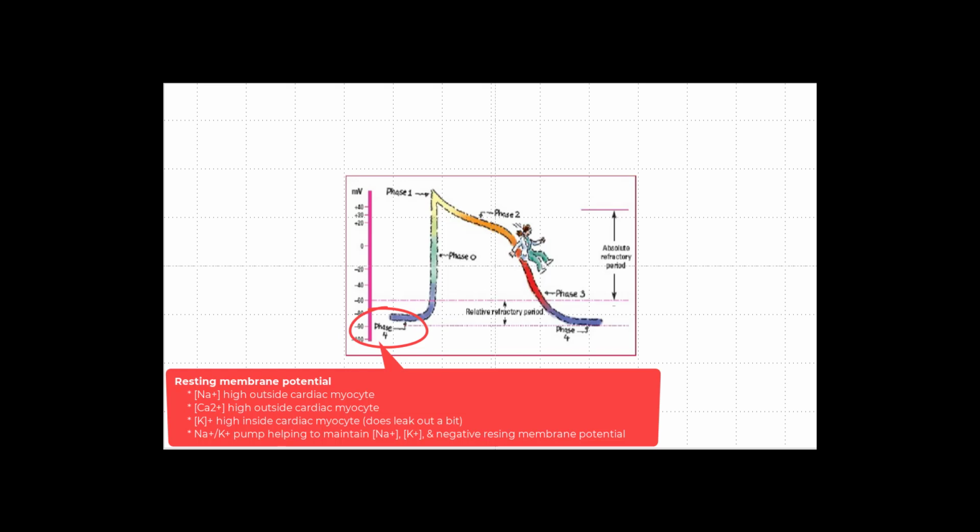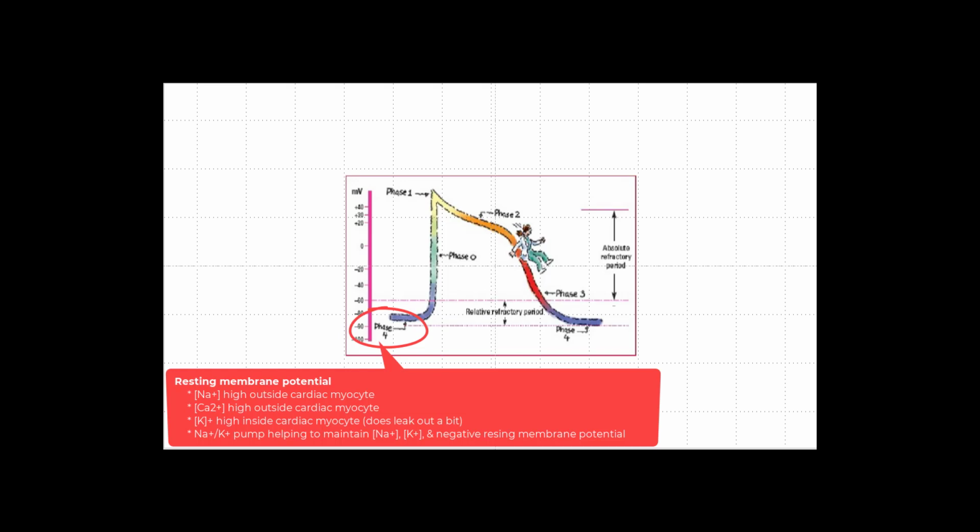Concentration of calcium is also high on the outside of the cell, and the concentration of potassium is high on the inside of the cell. You may also hear that there's a little bit of potassium leaking out of the cell during phase 4 through what we would call leaky channels, but we won't worry about that too terribly much, but you should note that it does occur.